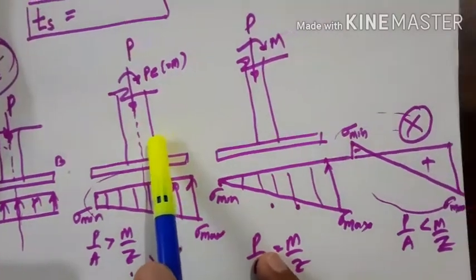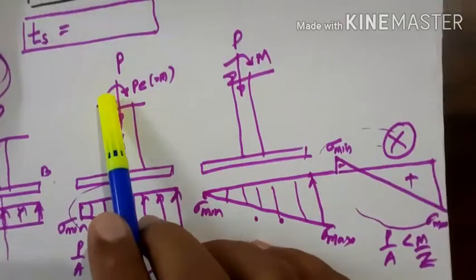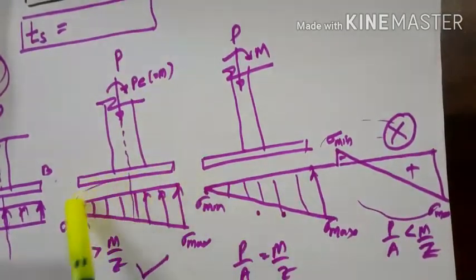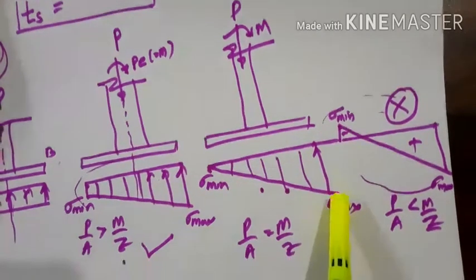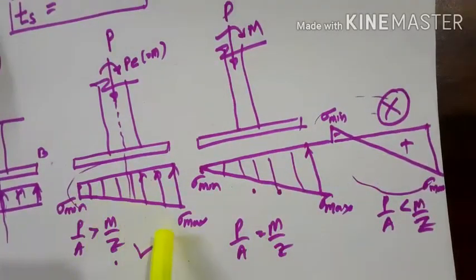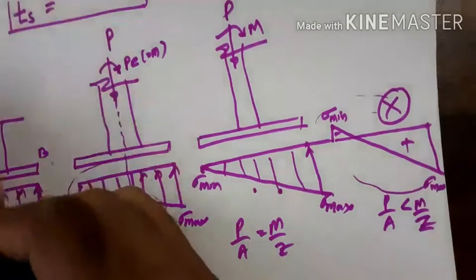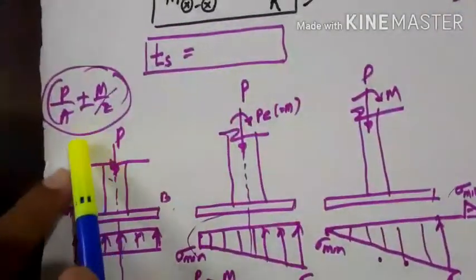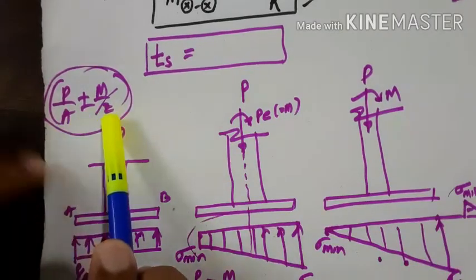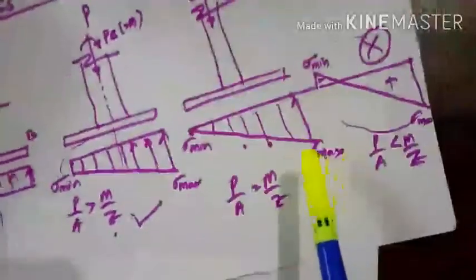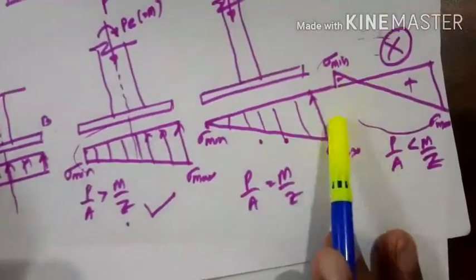If it is accompanied by a moment also, then this is the stress distribution. In various cases we discussed the stress distribution, that is P by A equal to plus or minus M by Z, the direct stress plus bending stress.